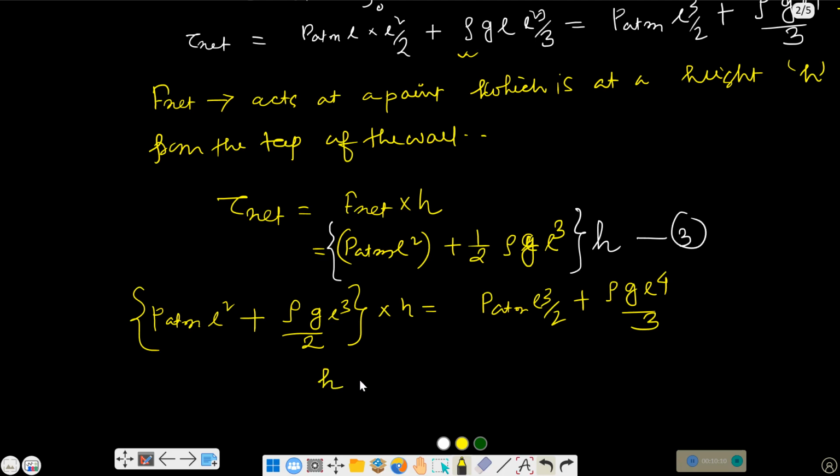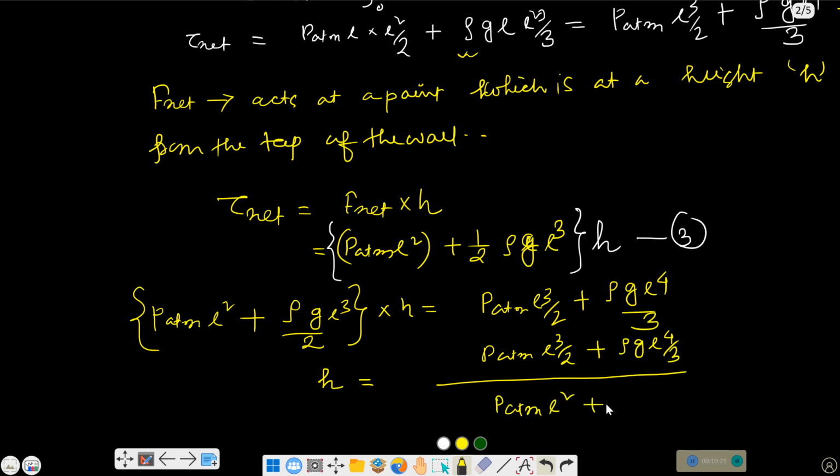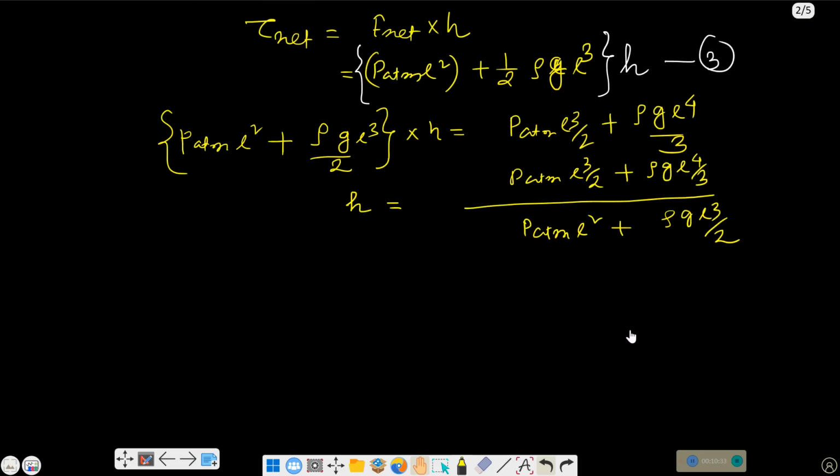So from this we'll get h equal to P atmosphere L cube by 2 plus rho g L to the power 4 by 3, divided by P atmosphere L square plus rho g L cube by 2. Okay. So this is the expression for the point of application of force, which is at a height h from the top of the wall.